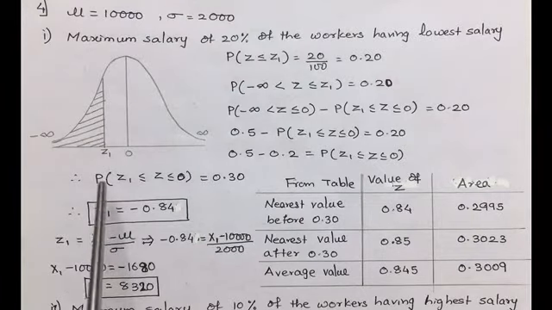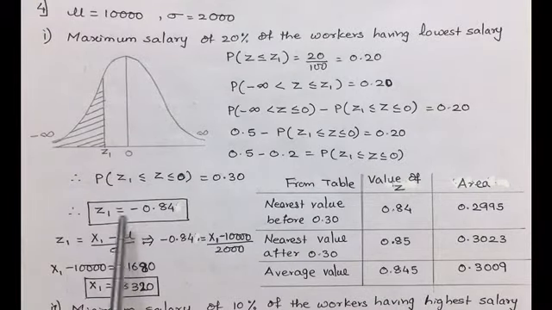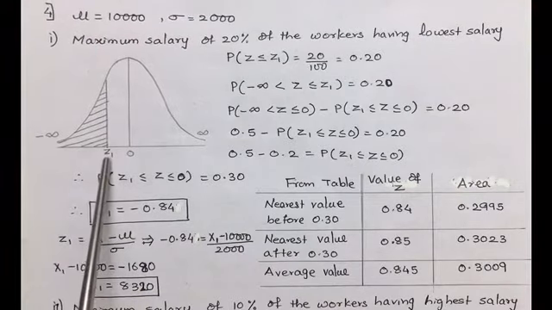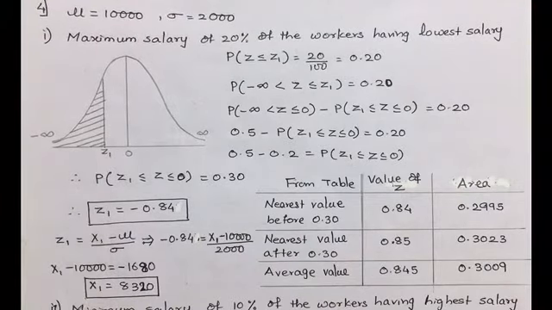So the value of Z1 becomes, from this table calculation, 0.845, but we will take 0.84. And this value is negative, reason Z1 is lying towards the negative side. Now converting Z1 by X formula, Z1 is equal to X1 minus mu upon sigma.